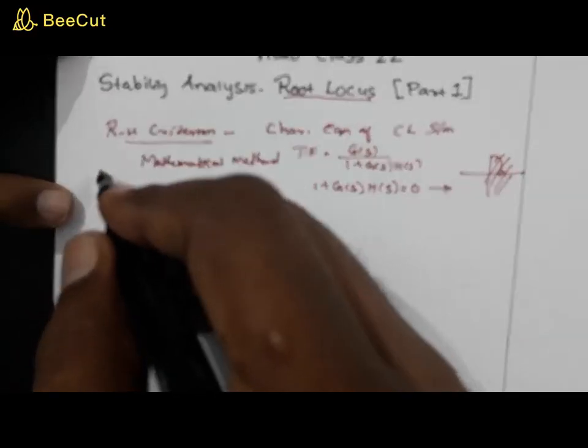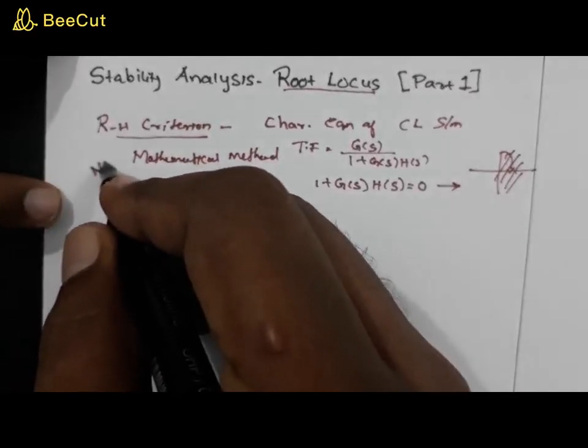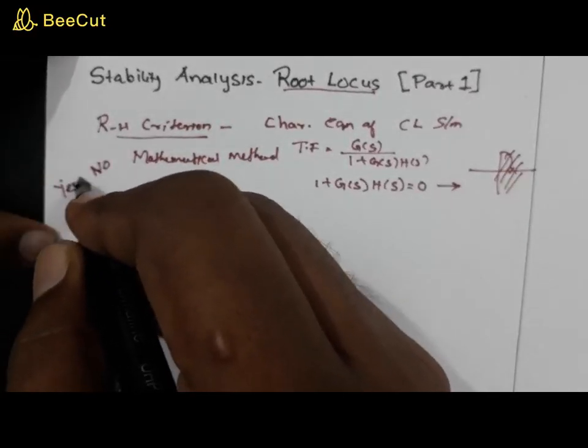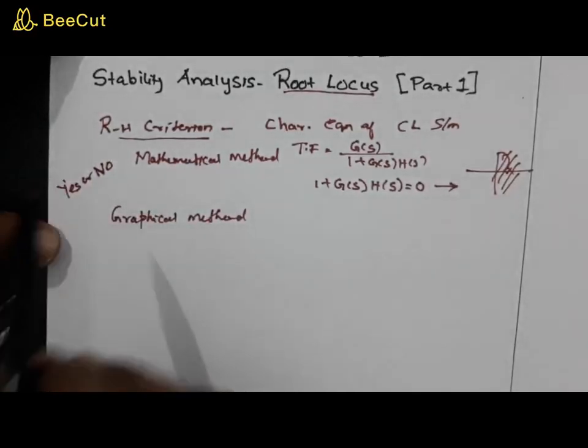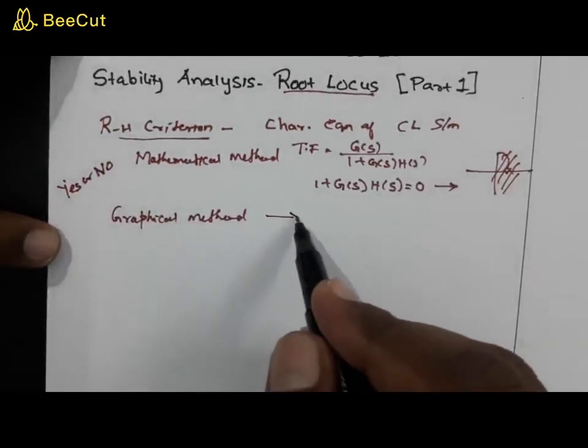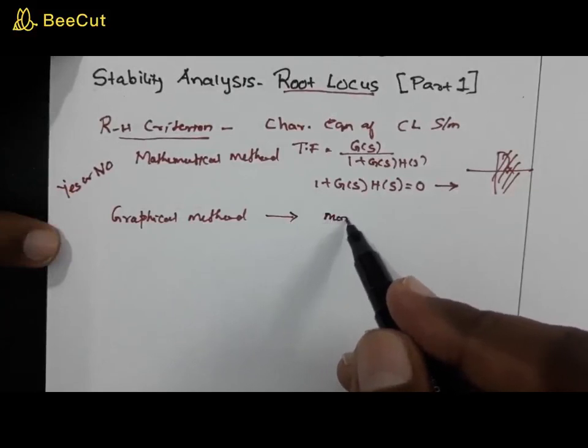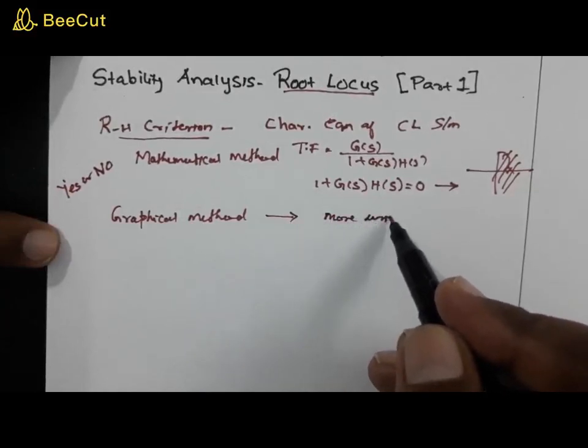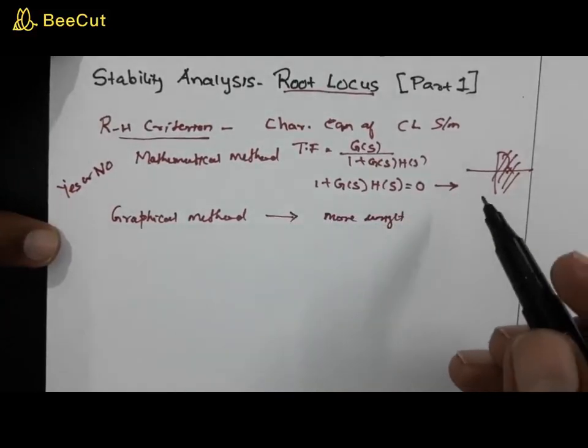Now, the RH criterion will give you only a yes or no answer whether the system is stable or not. But this graphical method will give more insight regarding the stability of the system.